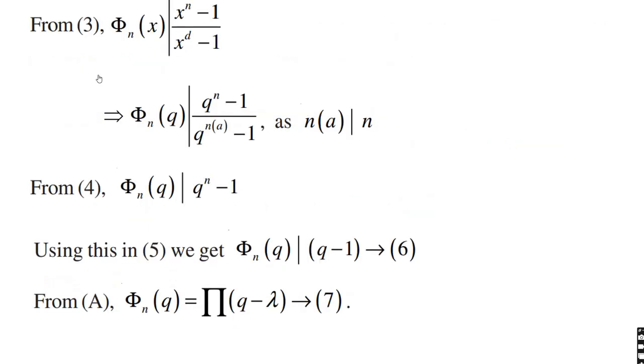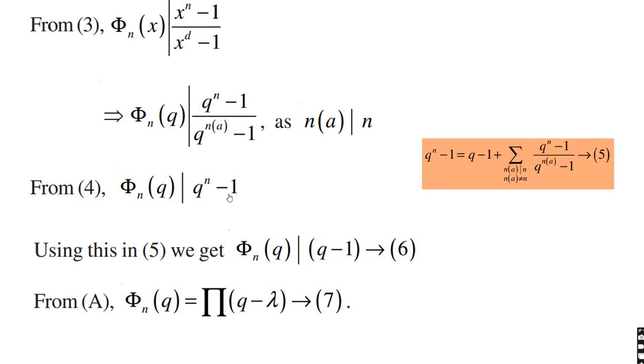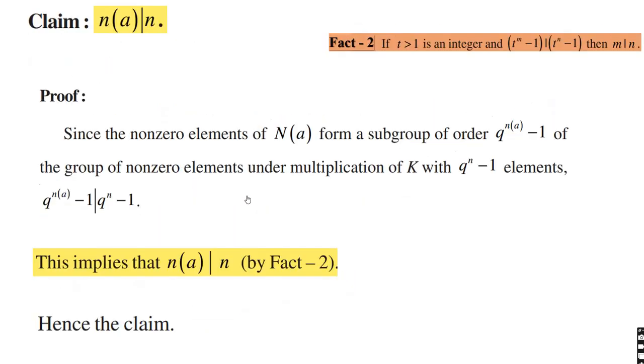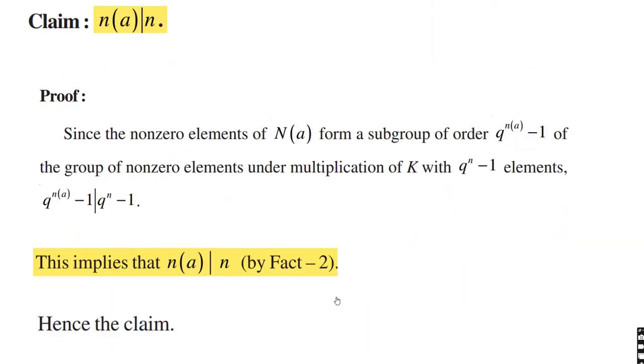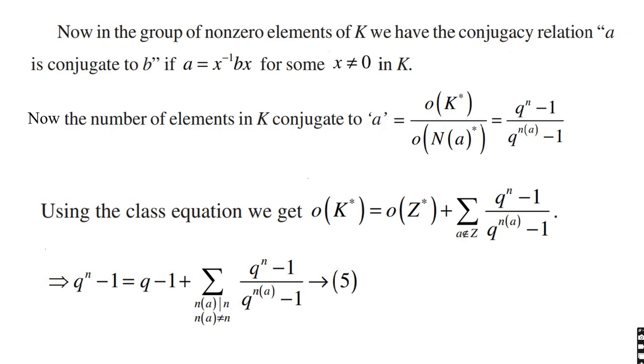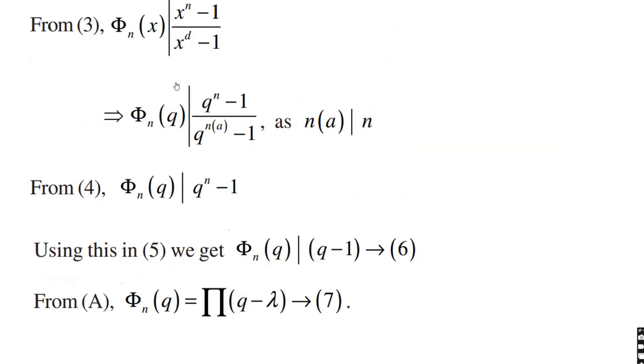Now from 3, what is 3? From 3 we have that this we already established. In 3 we have phi_n(x) dividing x power n minus 1 by x power d minus 1. So we make use of that in this case. So you have this.